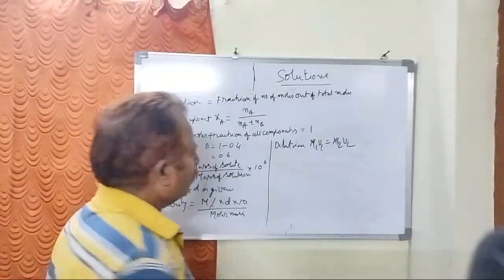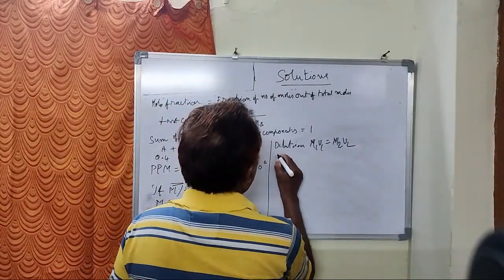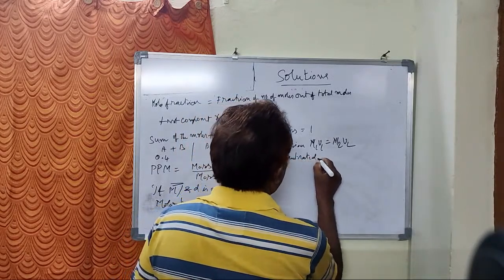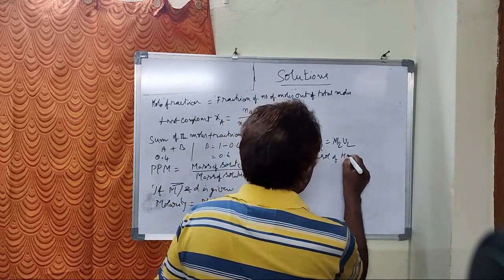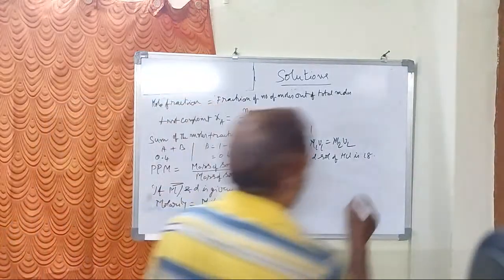Let us check a small question. A concentrated solution of hydrochloric acid is say 18 molar.